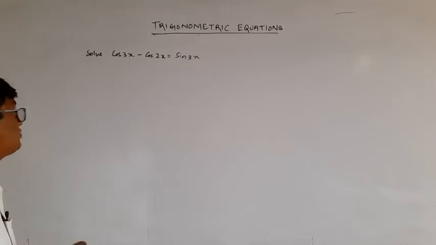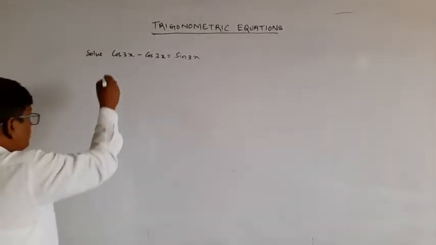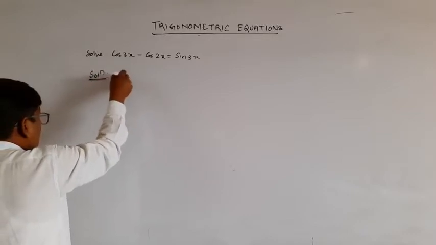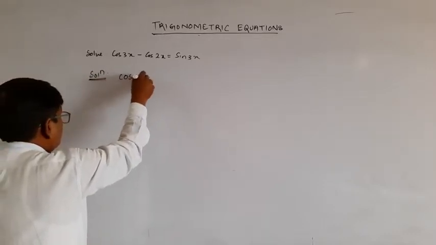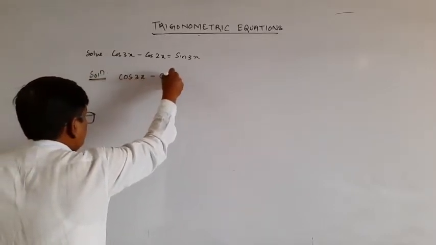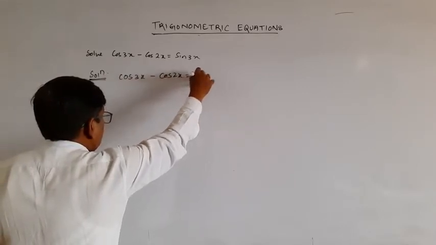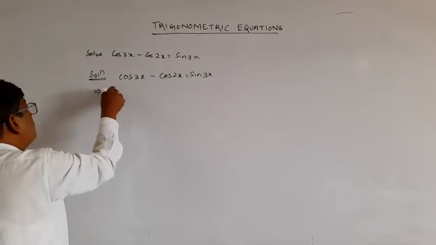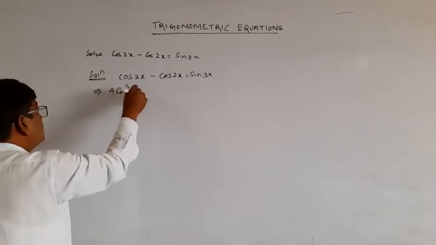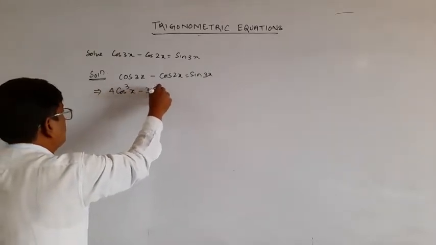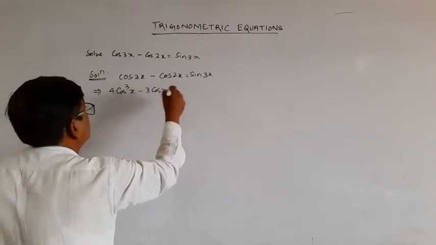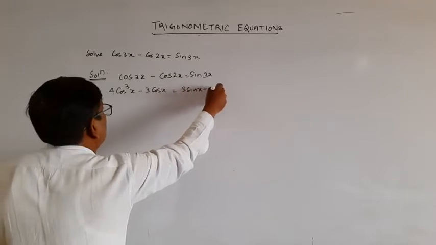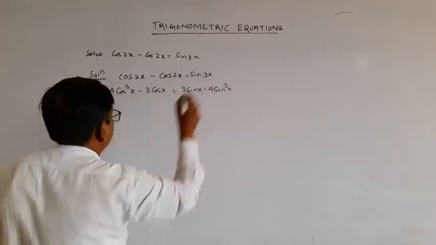Now another question. Solve cos 3x minus cos 2x is equal to sin 3x. So the solution is: cos 3x minus cos 2x is equal to sin 3x. Apply the cos cube formula: 4 cos cube x minus 3 cos x is equal to 3 sin x minus 4 sin cube x.